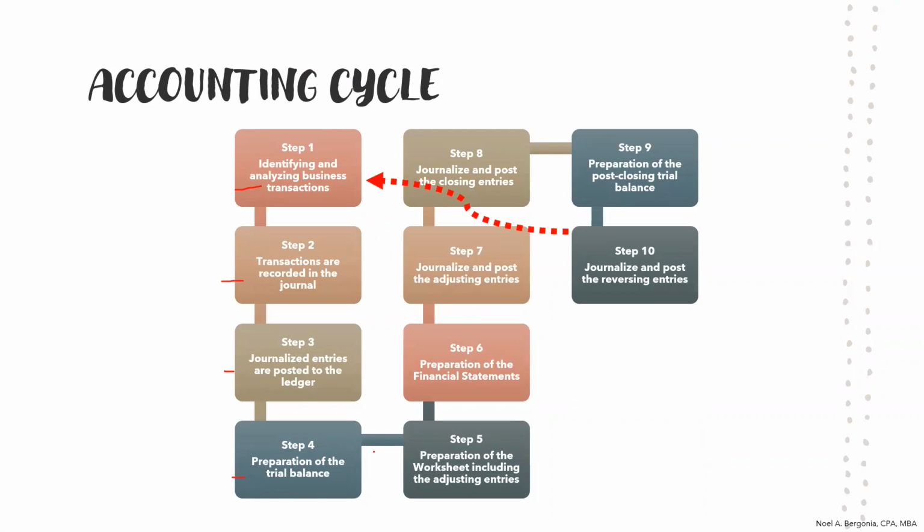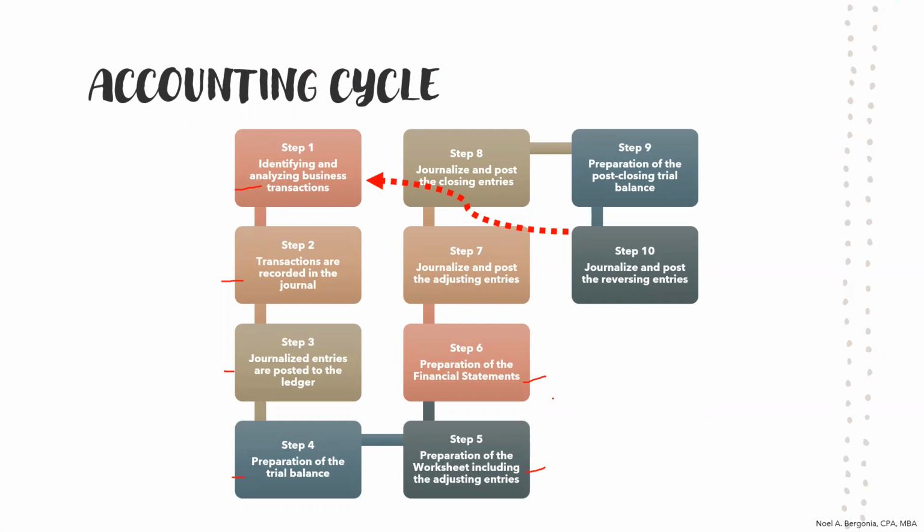After that, if you opted to prepare the worksheet, you prepare the worksheet. Then in our previous video lecture, we discussed the preparation of financial statements, which are general purpose reports used by a wide range of users in making economic decisions.